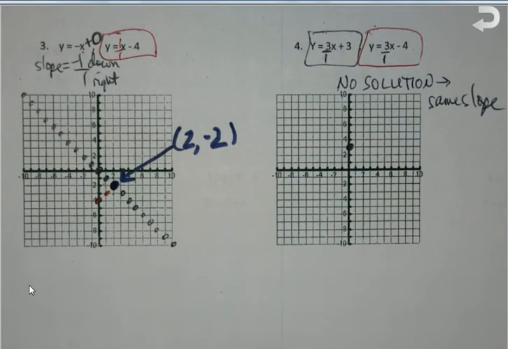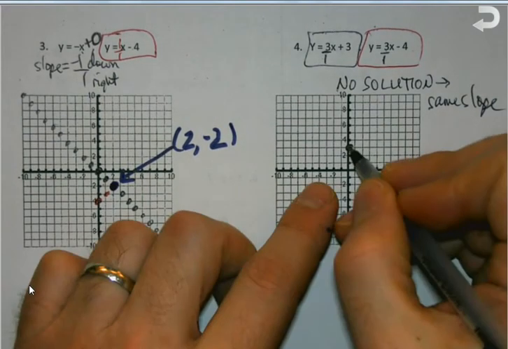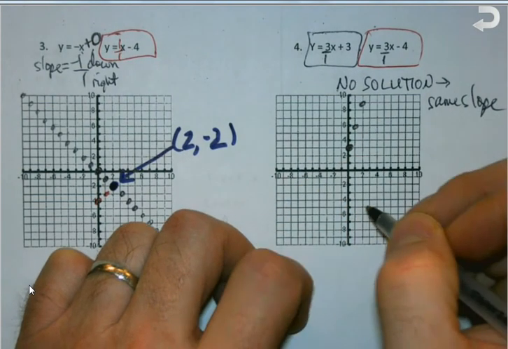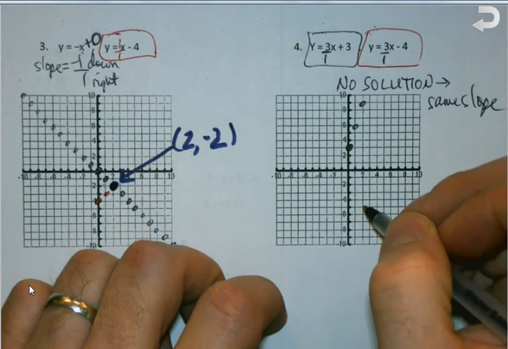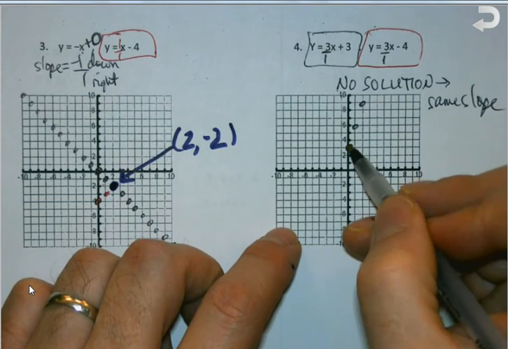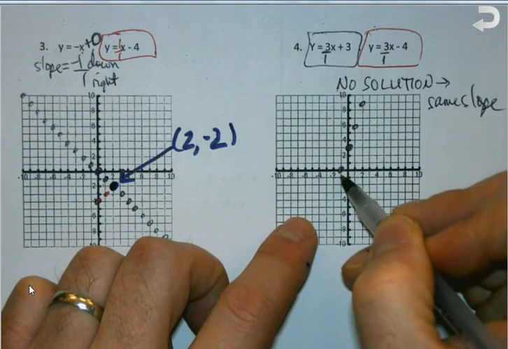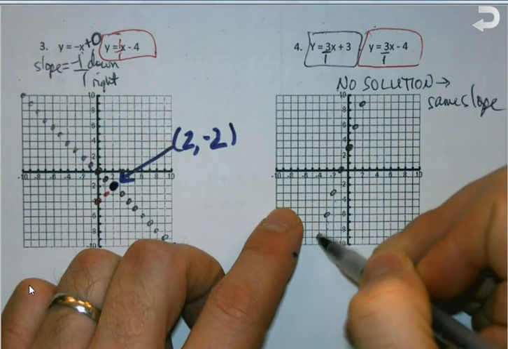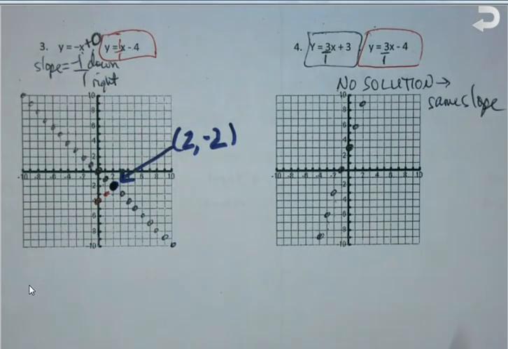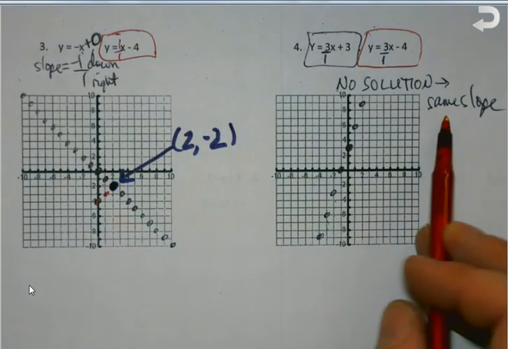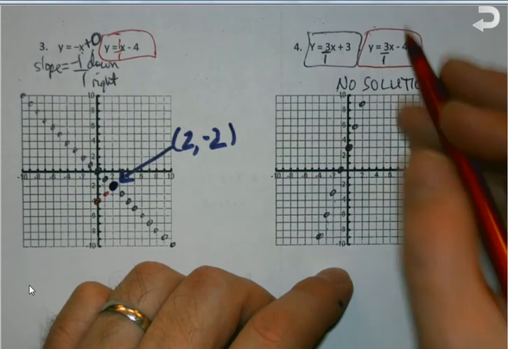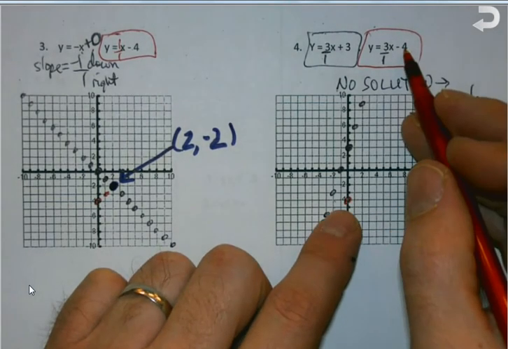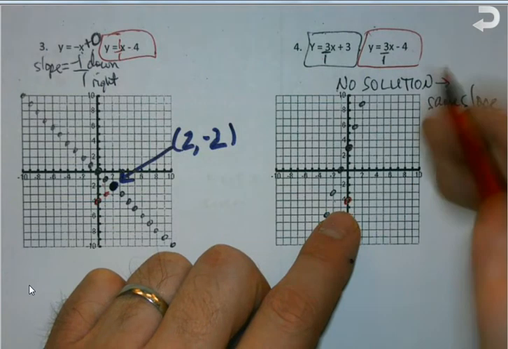Now, maybe you don't see that right away. And if you don't, we could still go ahead and say, okay, so I'm going up and right. So let's see, the opposite would be down and left. And you'll probably notice fairly quickly once you start making dots for your second line, even though this is perfectly acceptable as long as you tell me they're the same slope, when you start that second one at -4, and then you're going up 3 and right 1, now I'd hope that would trigger something.